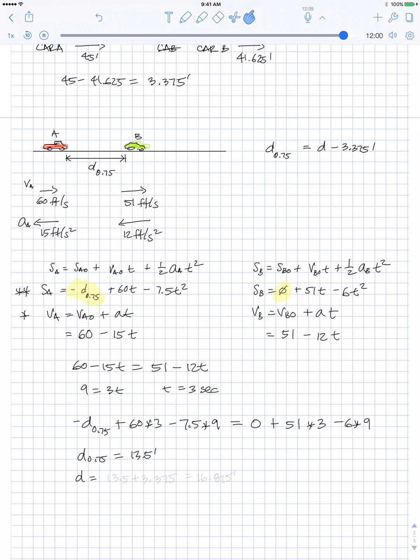So the initial distance that they're apart is that 13.5 plus 3.375, and that comes out to 16.875 feet.